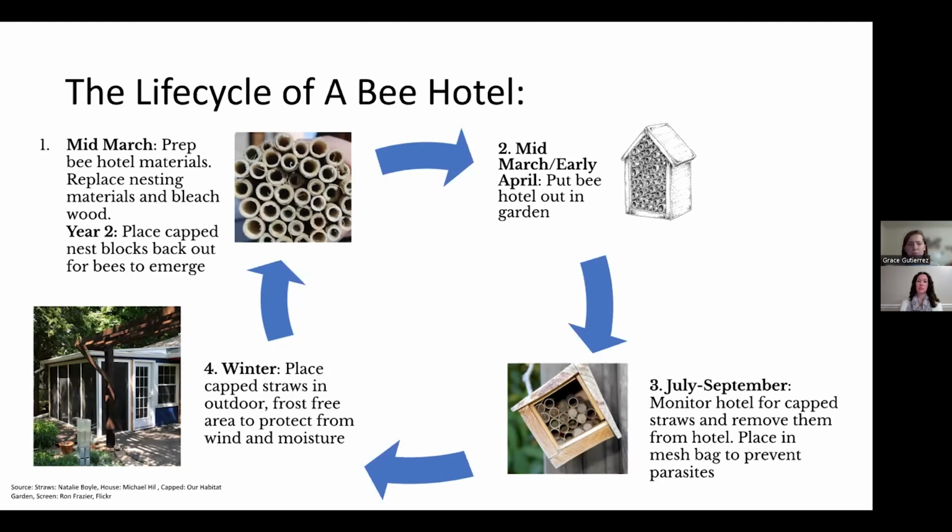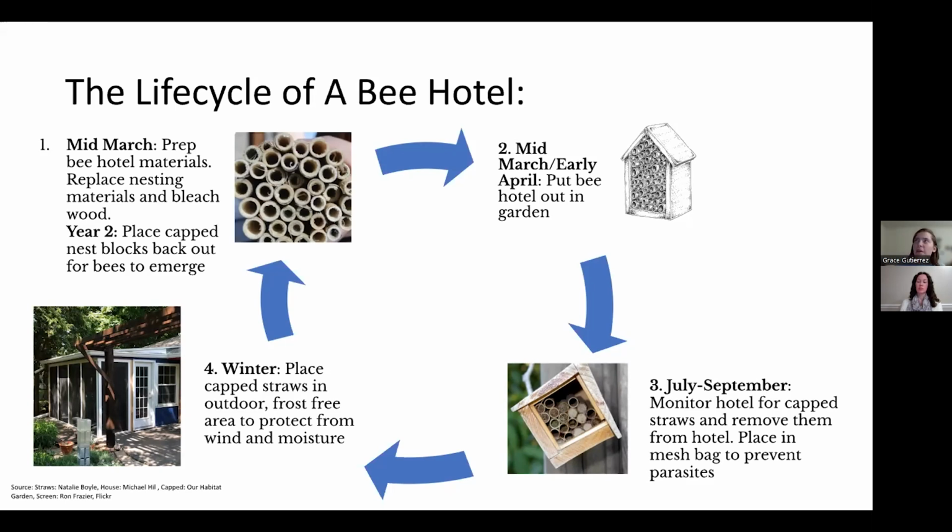And essentially, after she has laid that nest, and usually they lay around 1 to 2 nests, the female bee will die off. So the time of life of an adult bee is actually only around 2 months.